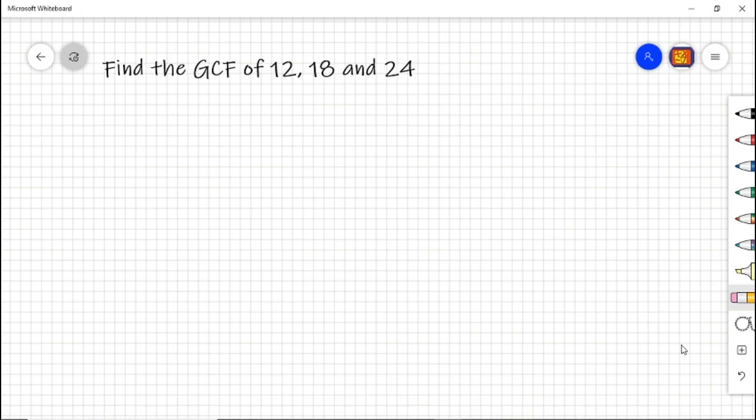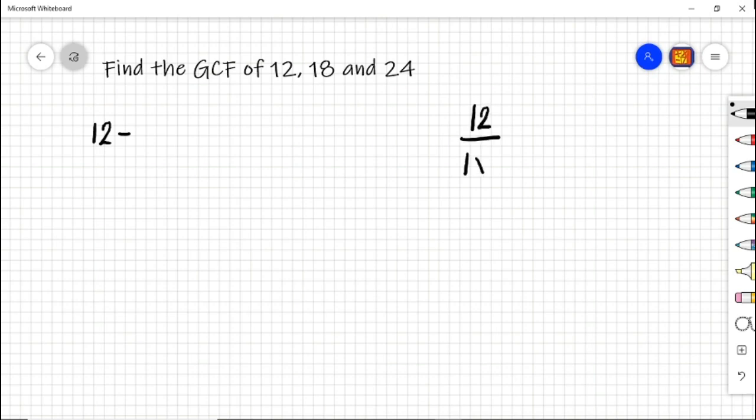For our third example, we're going to get the GCF of 12, 18, and 24. So in the listing method, we're going to list all the factors of the given numbers. So let's start with 12. Again, two numbers that if you multiply, you get 12.